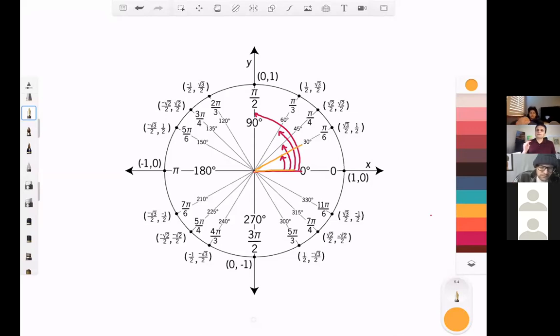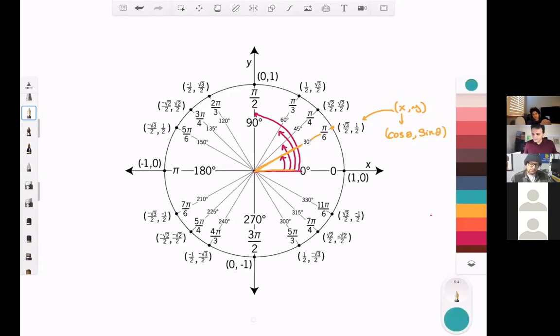For each angle, the point where the terminal side meets the unit circle has a coordinate, x comma y. We said x is the same as cosine of theta and y is equal to sine of theta at that point.